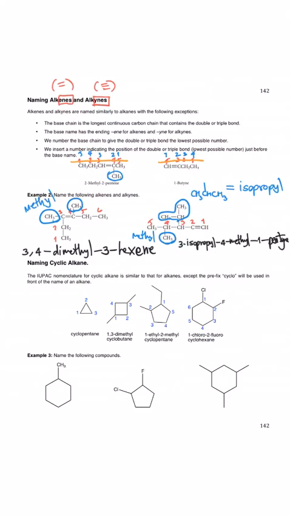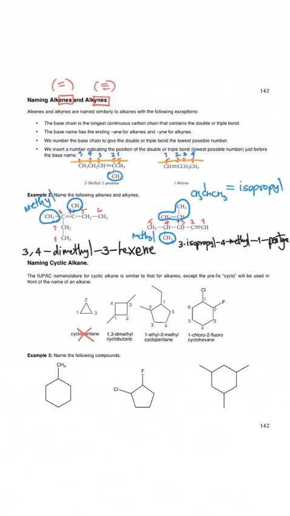Next, let's take a look at naming of cyclic alkanes. Cyclic alkane naming is similar to naming an alkane. Pretty much you are going to count the number of carbons within the ring, and you are going to start with the word cyclo and end with ane. For example, this one right here, the number of carbons that we see: 1, 2, 3.